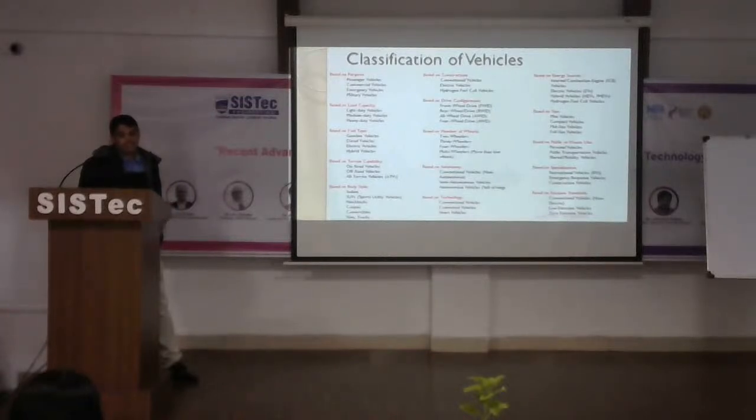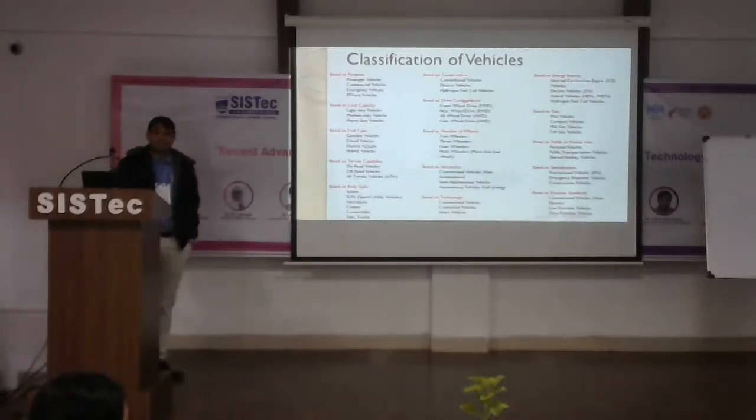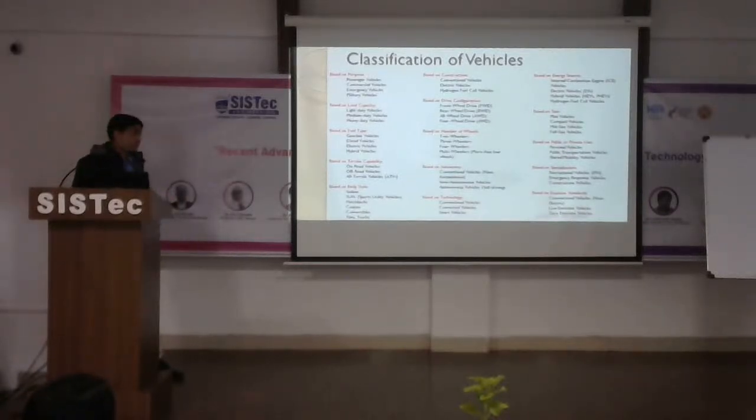Based on the autonomy, based on the technology, conventional technology will be there, and connected vehicles and smart vehicles are there. Tesla are developing these smart vehicles. Based on the energy sources, IC engines are using fossil fuels like petrol or diesel, and electric vehicles are using a battery or fuel cell and other renewable energy sources.